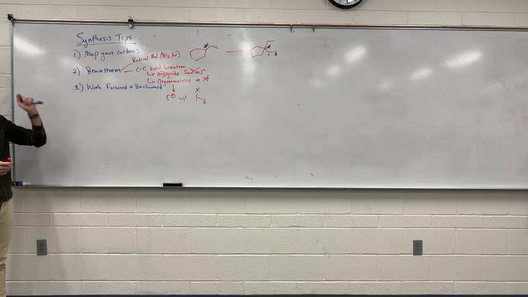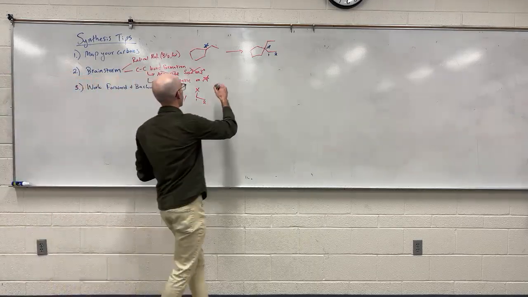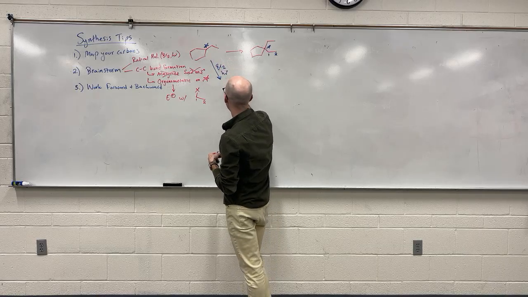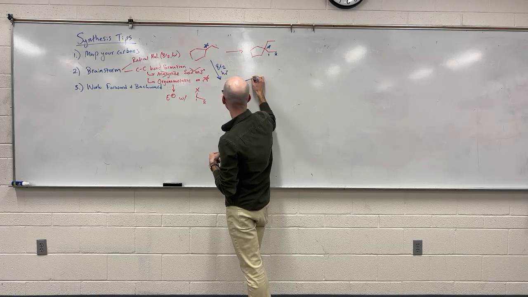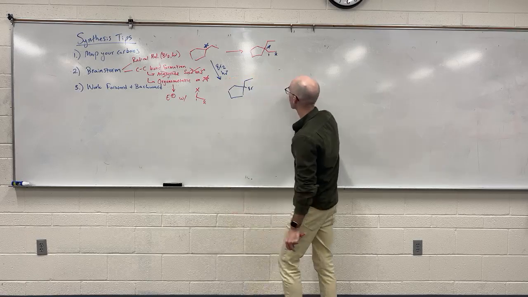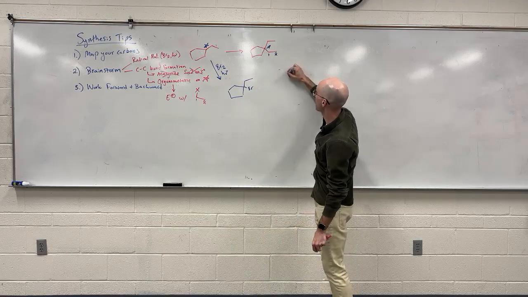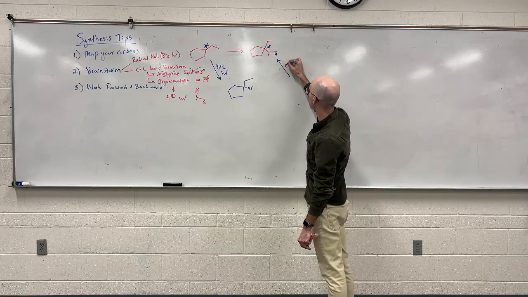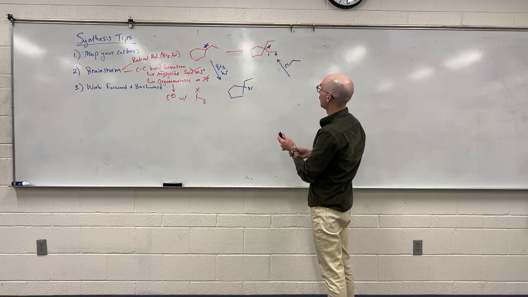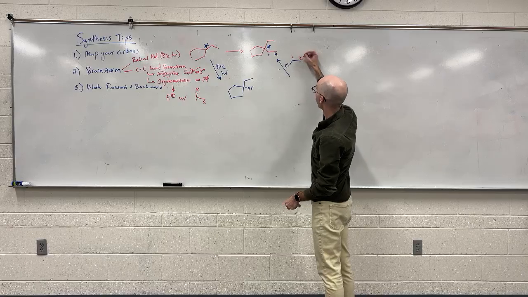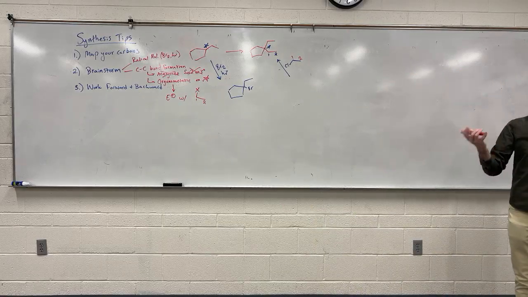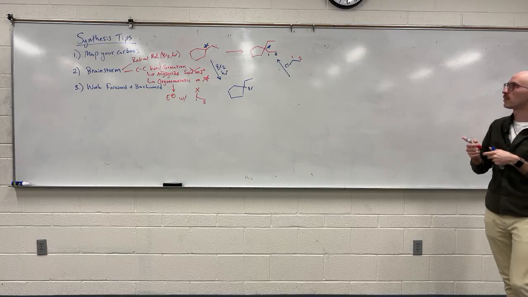Already, I'm kind of working forward and backwards. The first thing that I can do is radical halogenation, regioselective. The last thing that I want to do is I want to introduce an electrophile with carbons 1 and 2, where carbon 1 has a good leaving group.